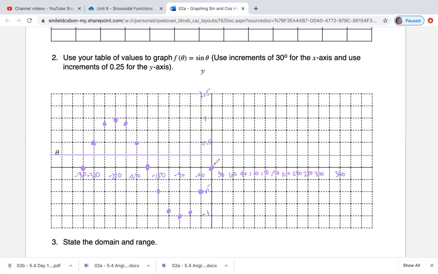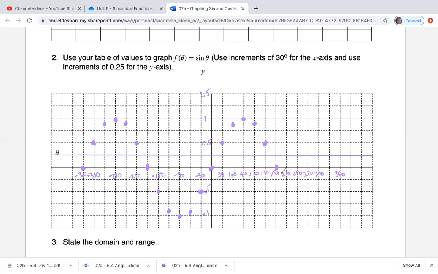And then I'm going to continue: 30 and 0.5, 60 and 0.9, 90 degrees and 1, 120 and 0.9, 150, sorry, 0.5, 180 is at 0, 180 comma 0 as a coordinate point.